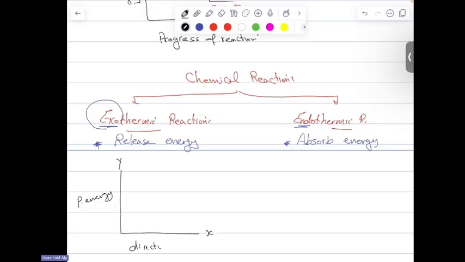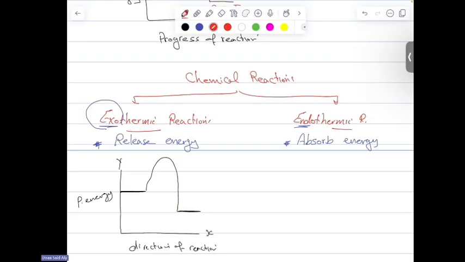What about the exothermic chemical reaction? In the exothermic chemical reaction, you have to know that the potential energy of the reactants is higher than the potential energy of the products.